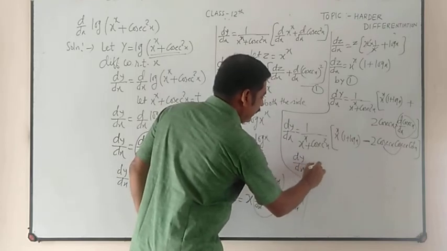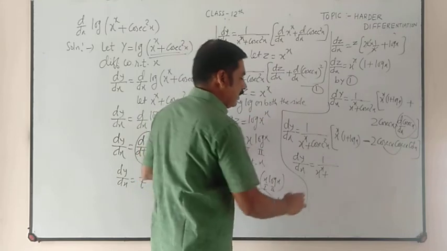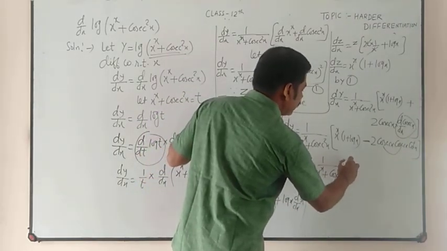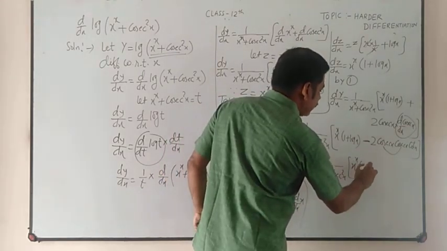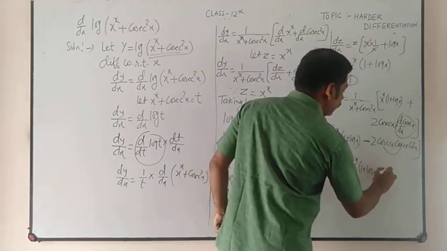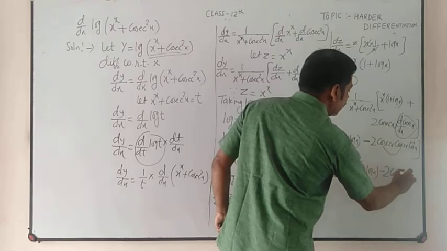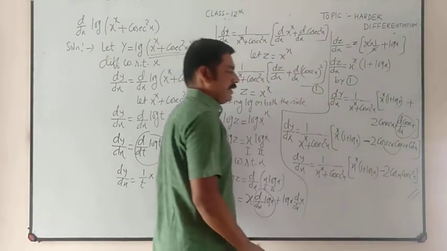So dy by dx is equal to 1 upon x raised to x plus cosec square x, inside x raised to x 1 plus log x minus 2 cot x into cosec square x.